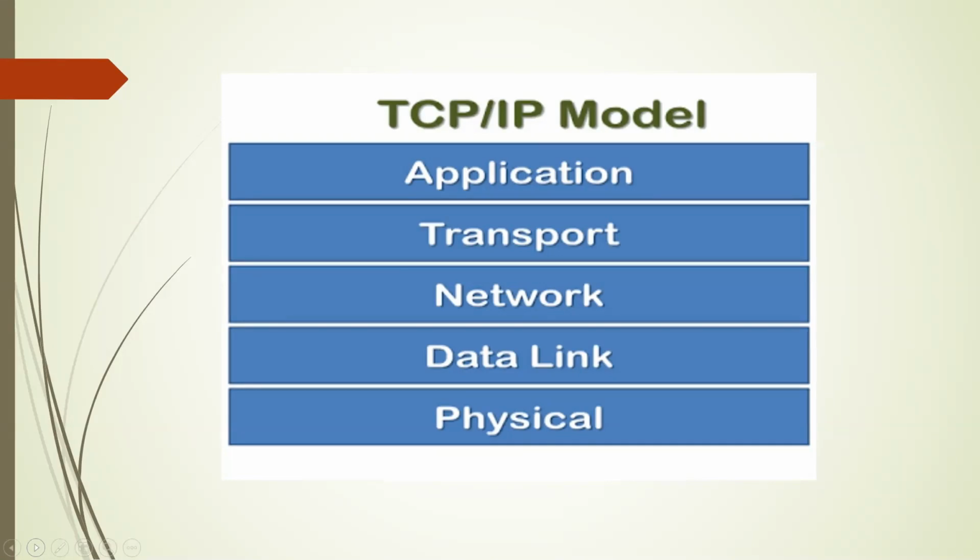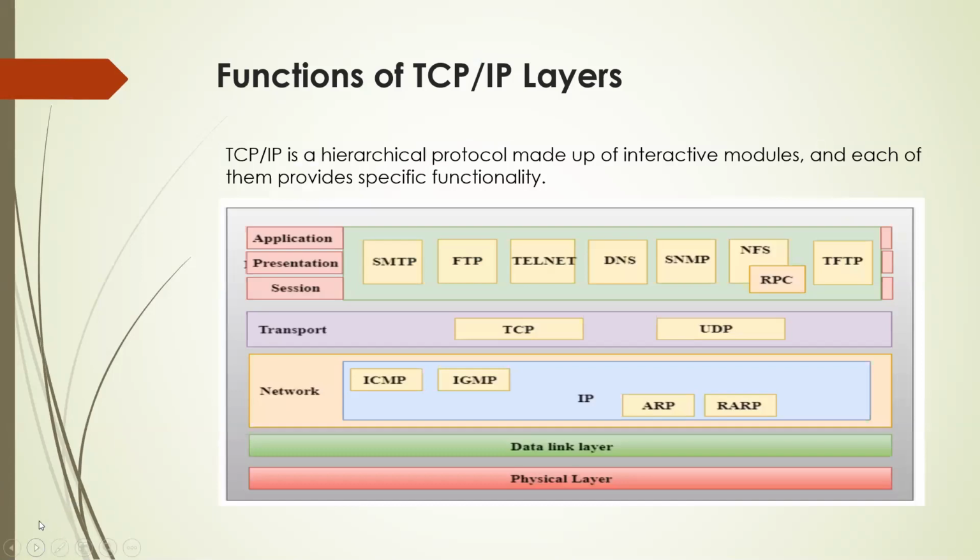That means each of the modules has its own specific functionality. Let us start with the model. This is the diagrammatic representation. Functions of the TCP/IP layers. TCP/IP is a hierarchical protocol made up of interactive modules. That means there are several interactive modules which collectively make up the TCP/IP protocol suite, and each of them provides specific functionality.